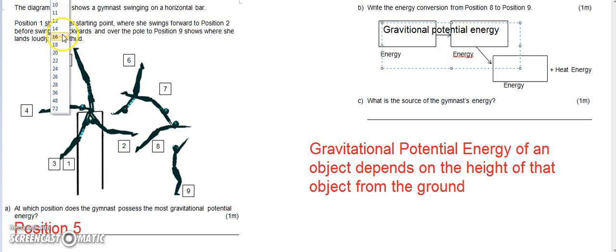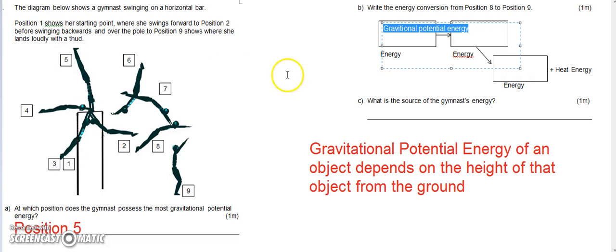In fact, if you just write down potential energy, it is okay. Why? Because the gymnast is above the ground, and she has gravitational potential energy.